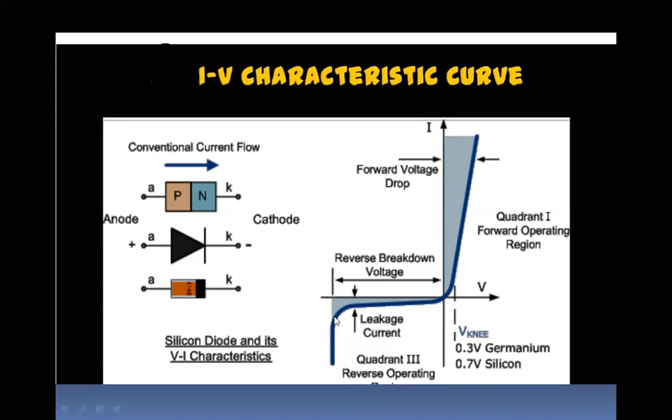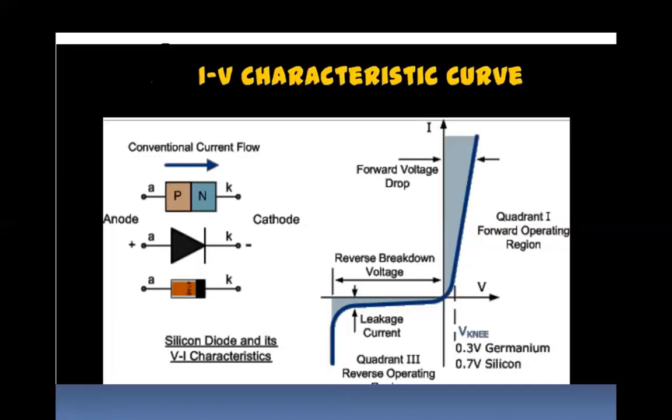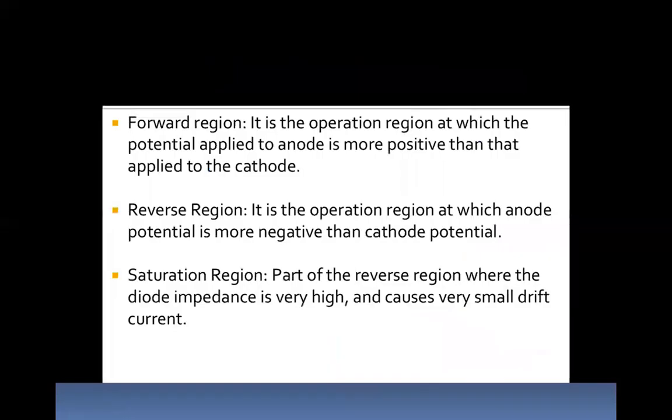In the case of PN, gradually as the voltage is increased, the current is also increasing in the third quadrant. So minus V and minus I. So this is called the reverse breakdown voltage. Got it? Now we will see exactly every part of that, like forward voltage drop, knee voltage, leakage current, reverse breakdown voltage, and all the definitions we have.